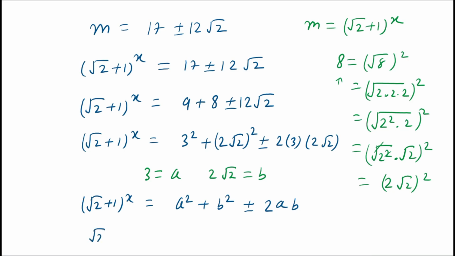Then on the left hand side (square root of 2 plus 1) to the power x is equal to a squared plus b squared plus minus 2ab. This is the same as (a plus minus b) squared.